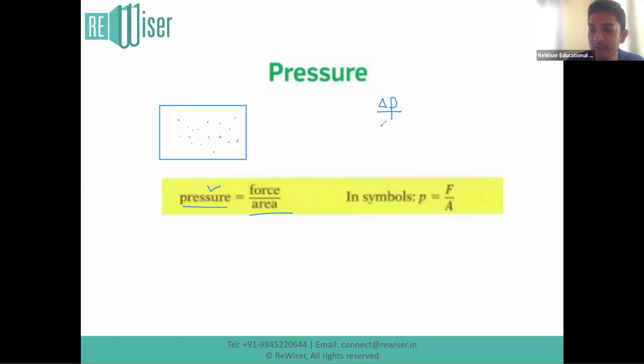And this change in momentum happens at equal or unequal intervals of time, regardless. This change in momentum per unit time proves the existence of force, and the force applied by the gases in all directions divided by the surface area of the wall or the container gives me the pressure.